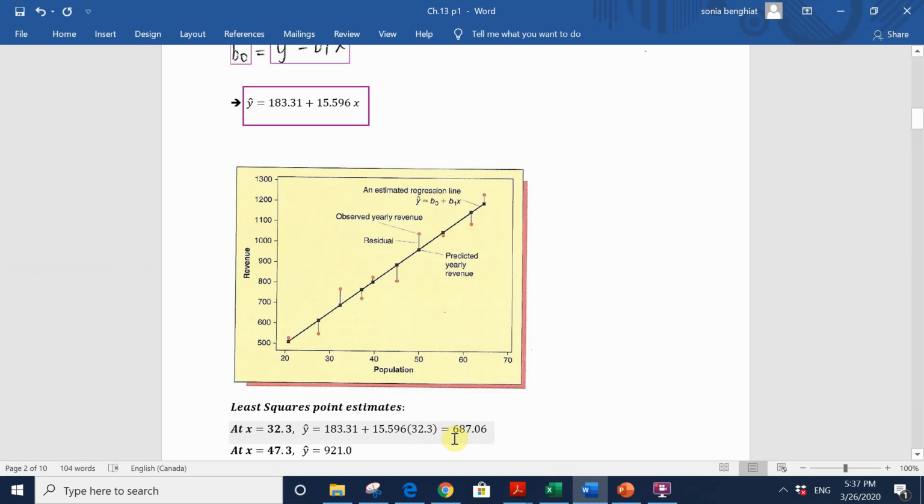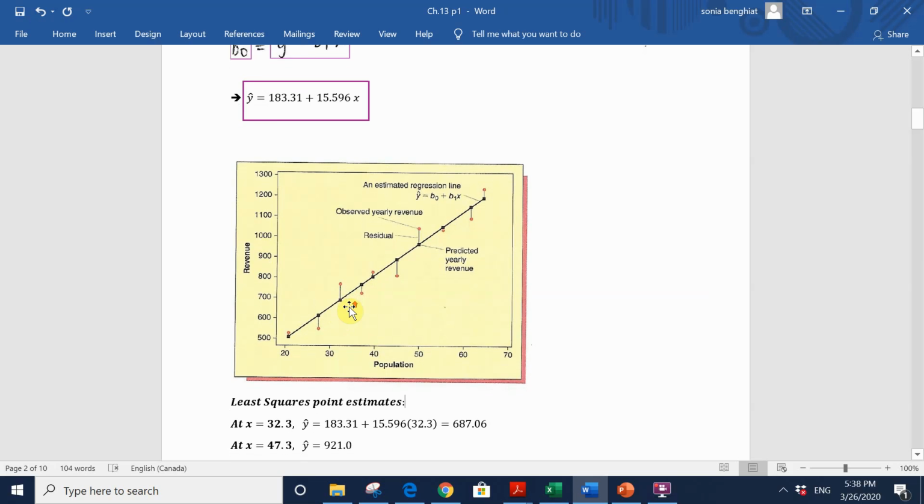In other words, at this point my estimated line of means is underpredicting, or underestimating, the actual y value, because the value from my line of means is inferior to the observed value.